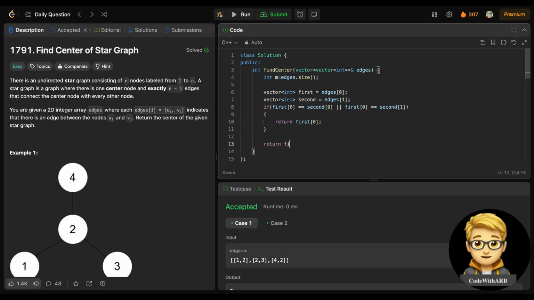Otherwise first 1 will definitely be my answer, right? I will return first 1. So either this condition is satisfied, or this would be definitely valid if it is not. That's how we will solve this question.